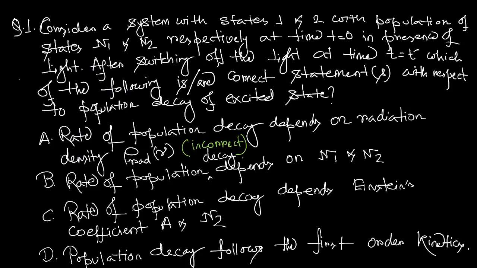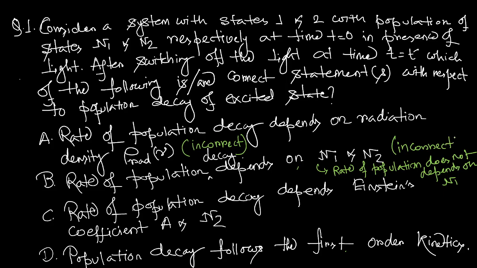Now, the rate of population decay depends on n1 and n2? The rate doesn't depend on n1, so this is an incorrect statement, but it depends on n2.